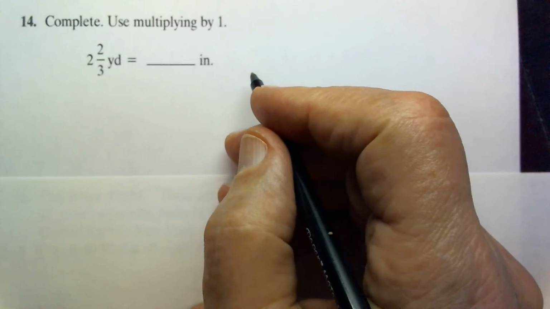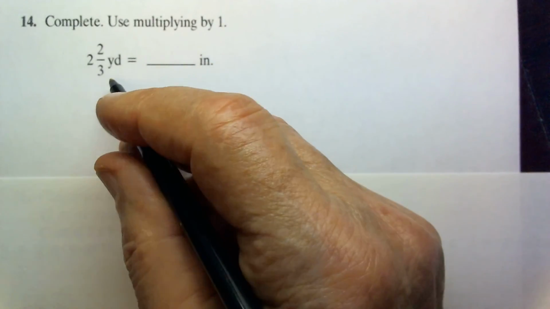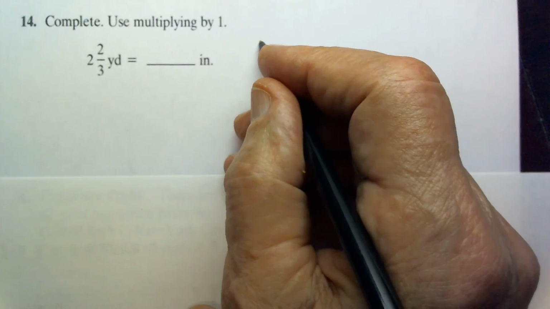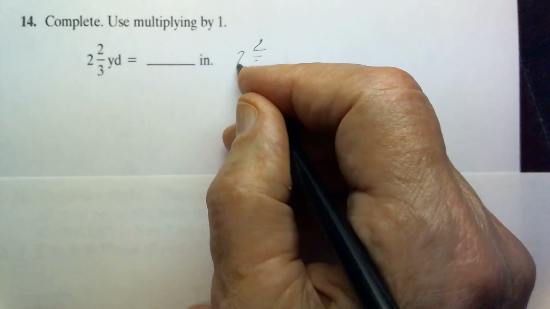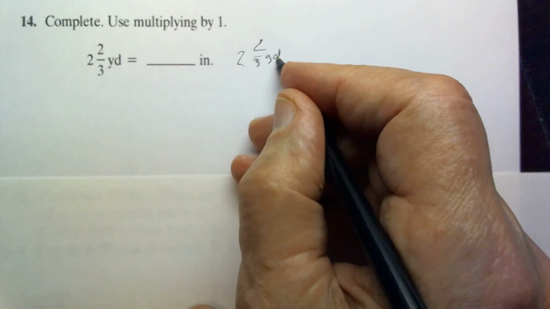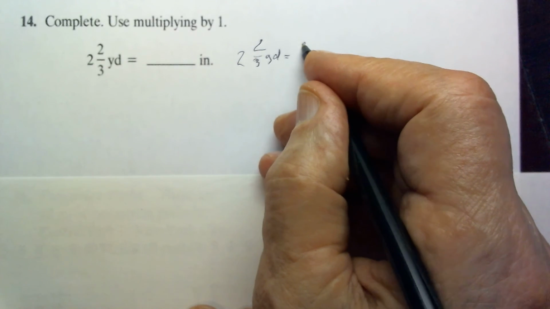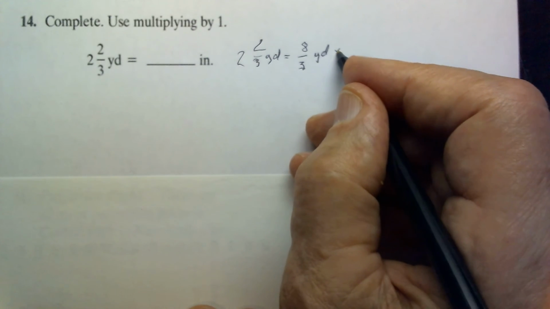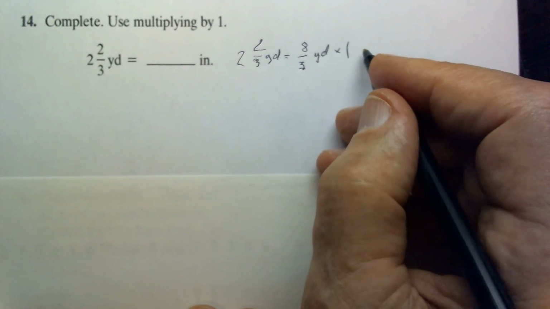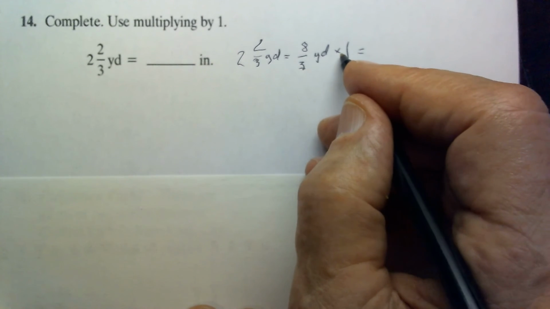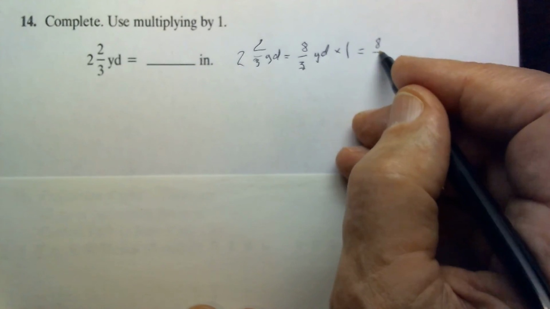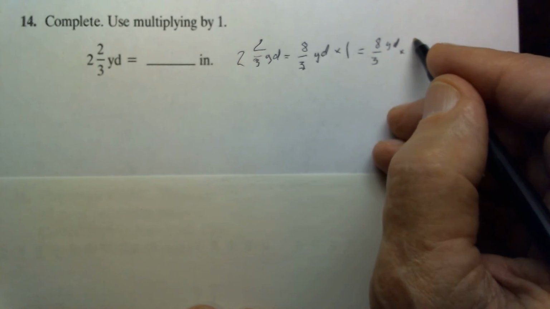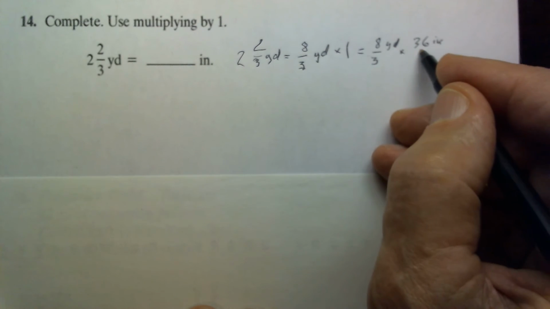To solve number 14, we write 2 2/3 yards. We convert that to an improper fraction: 2 times 3 is 6, plus 2 is 8, so 2 2/3 yards equals 8/3 of a yard times 1. Now we rewrite the 1 as 36 inches per yard.